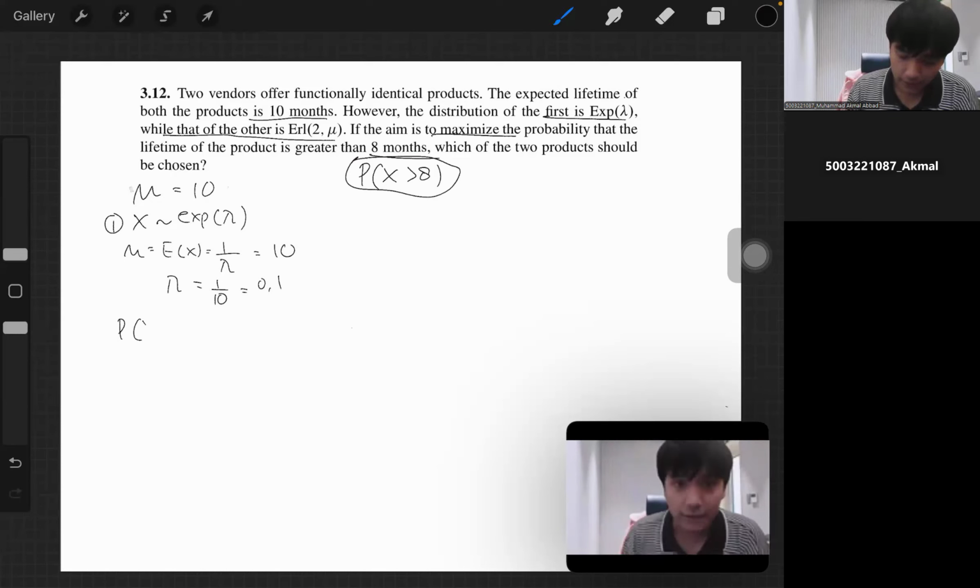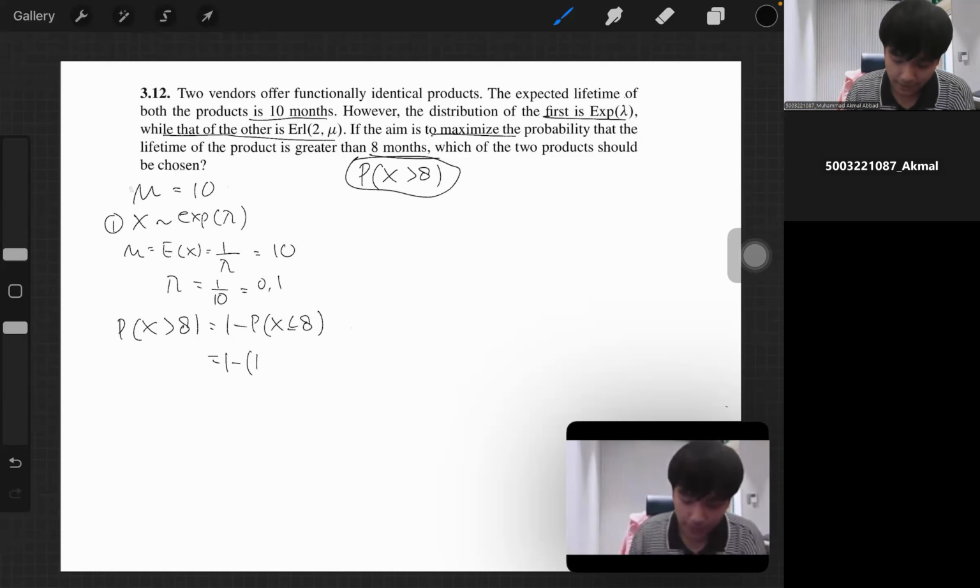And then we can also calculate the probability that the lifetime will be greater than 8 months. The probability that the product lifetime is greater than 8 months is 1 minus the probability that the lifetime is less than or equal to 8 months. This equation can be written as 1 minus (1 minus exponential of minus lambda times 8).